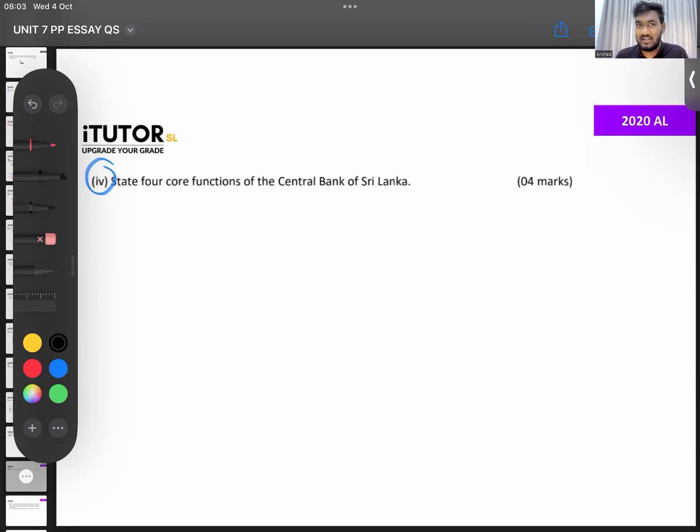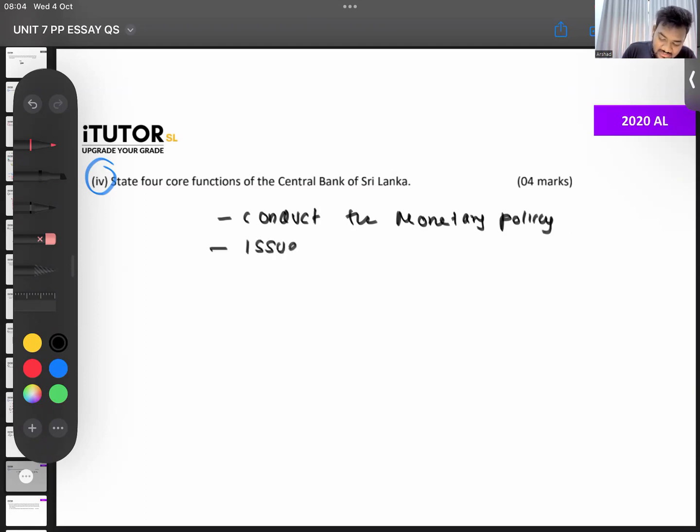Can you tell me some core functions, guys? One main thing that we learn in unit number 7: they conduct the monetary policy. You can say that. Apart from that, you can say they are the ones who issue notes and currencies. Yes, they conduct the exchange rate policy.